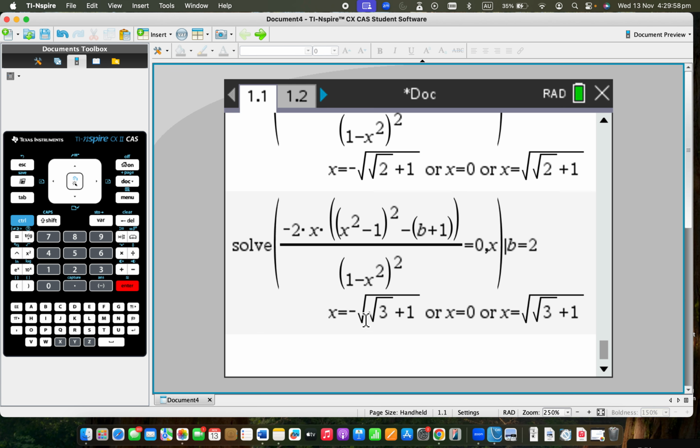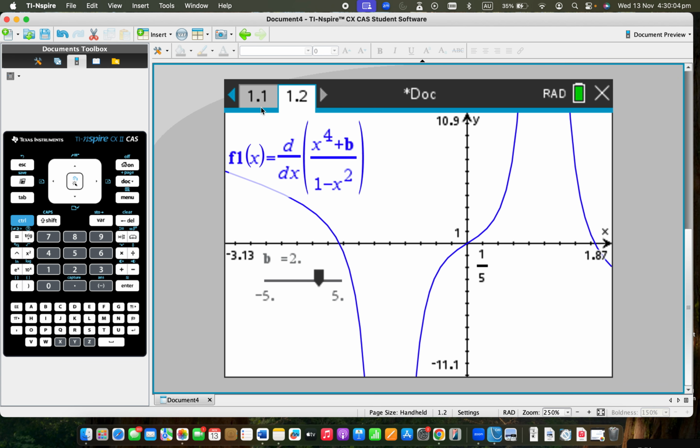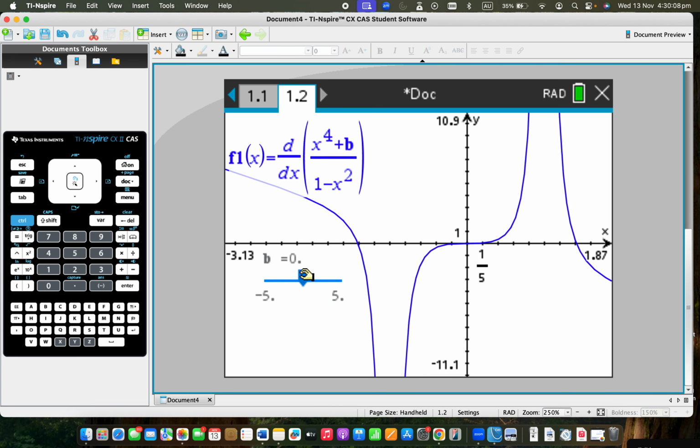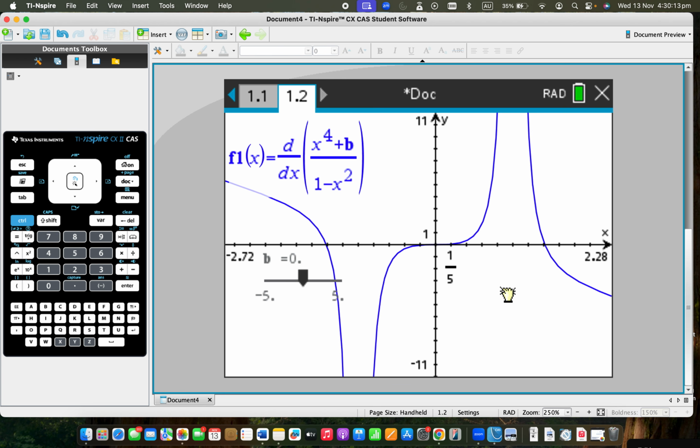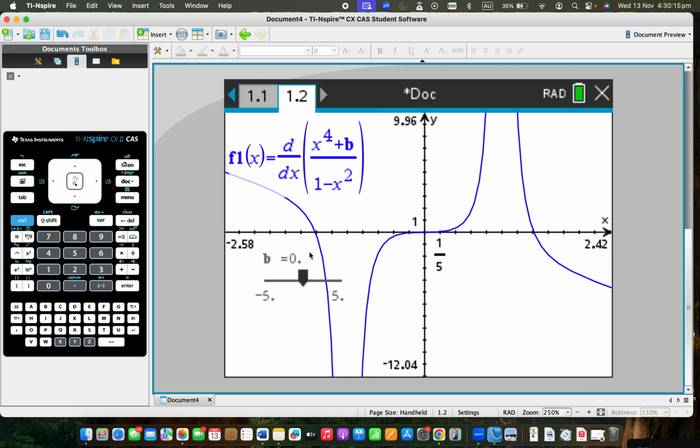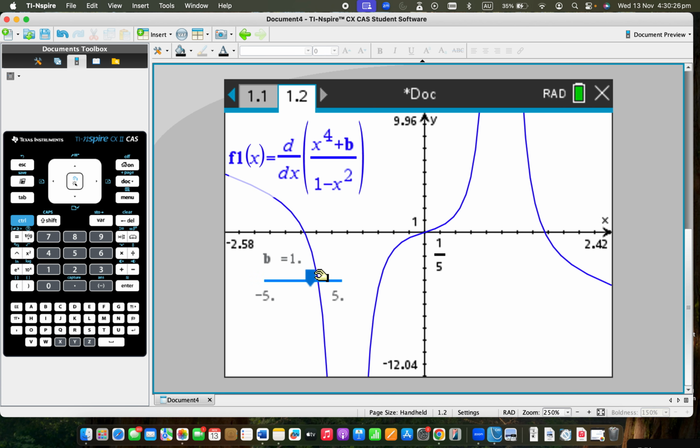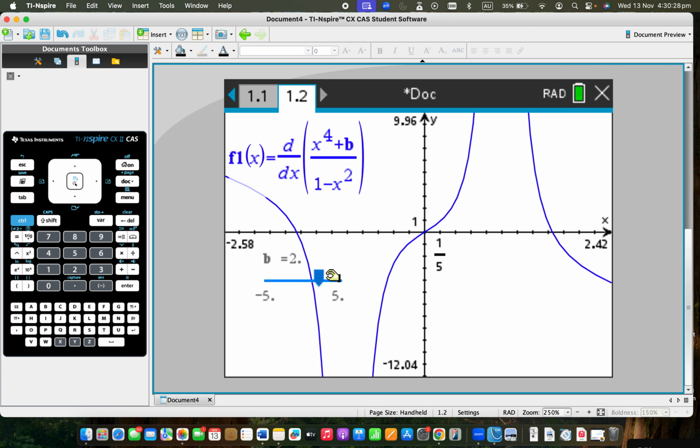So I think for 3 stationary points, I think I've swapped them around. What's b is 0? So 0 gives 3. 1 gives 3.